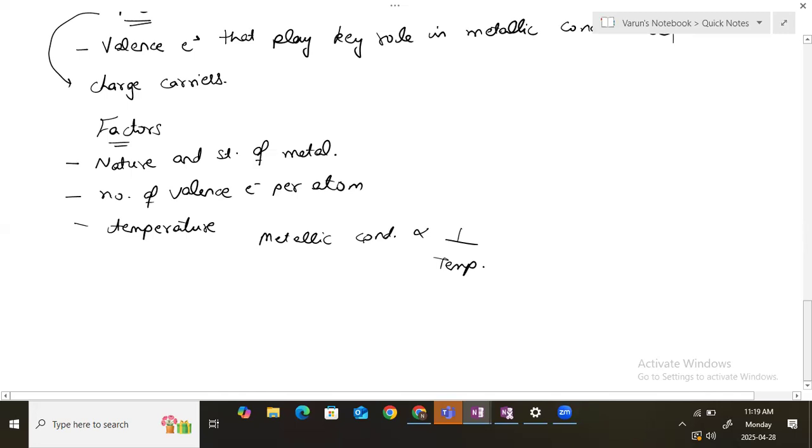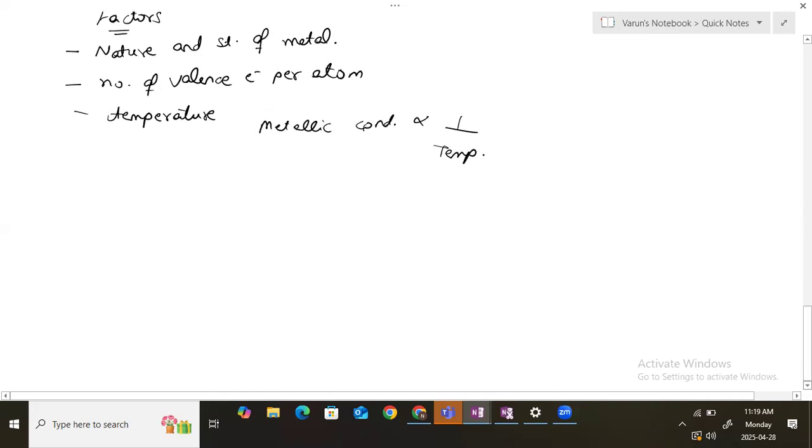Okay. The next conductance that we have is basically the electrolytic conductance. It is also a type of conductance. We said we have metals, and now the electrolytic conductance, which is due to the presence of ions.